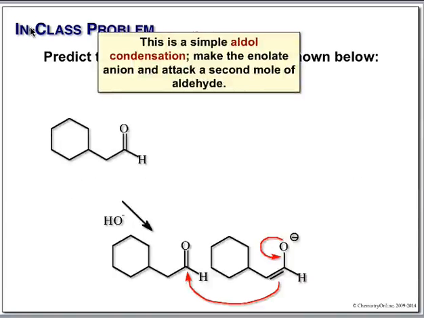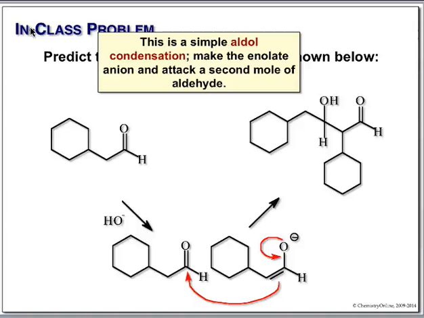When it does, the aldehyde carbonyl will become an OH group, and we simply make a bond between the alpha carbon of one and the carbonyl carbon of the second. And we get a beta hydroxyaldehyde. Now we didn't show a dehydration step here. We know that if we dump this into acid, we can make alpha beta unsaturated, but the answer to the problem is simply beta hydroxyaldehyde.